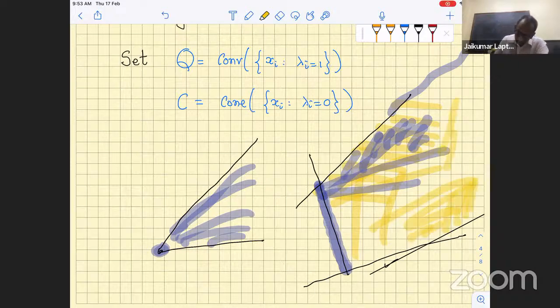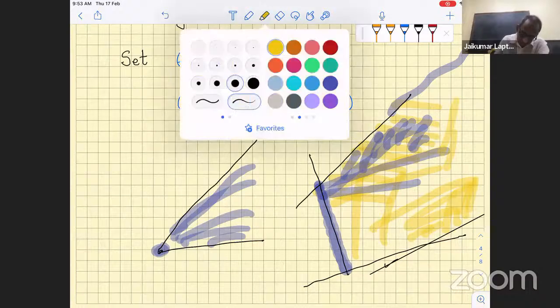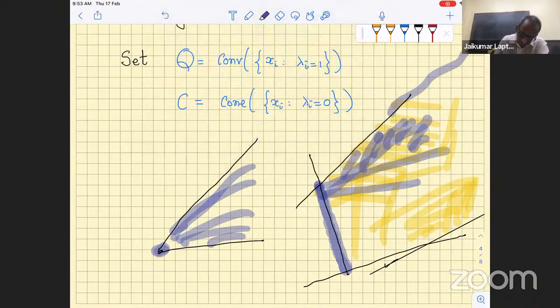Okay. Now, in this case, when I try to do this same thing, I will get this finitely generated object generated by these 3 points together with a slightly skinnier cone.